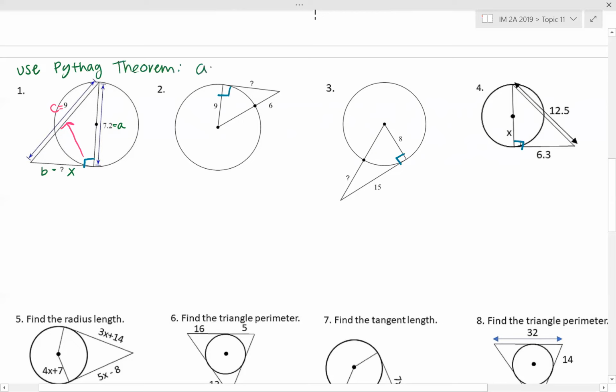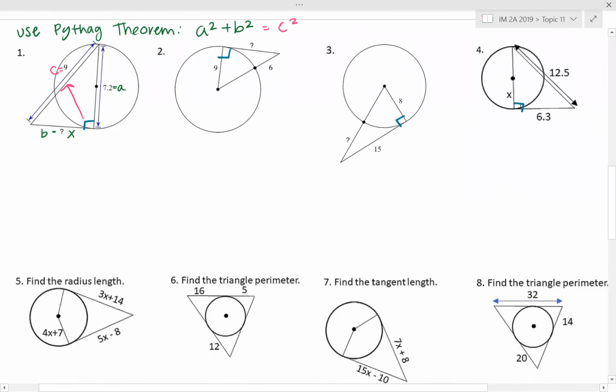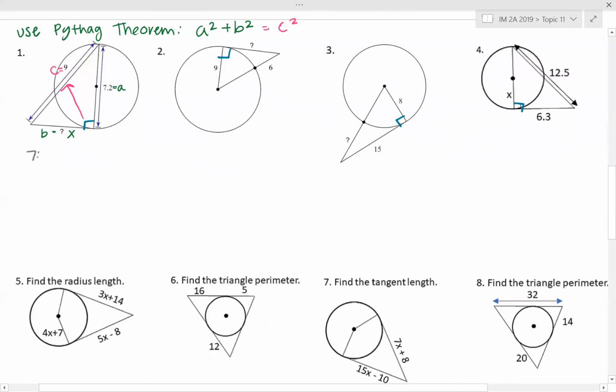We're going to plug into A squared plus B squared equals C squared, because we know that these are creating right triangles. So if A is 7.2, we're going to do 7.2 squared plus our B, which we're calling X, squared equals our C, 9 squared.